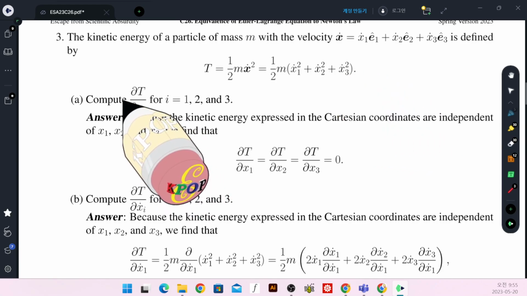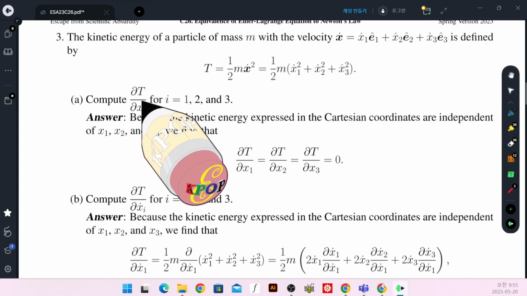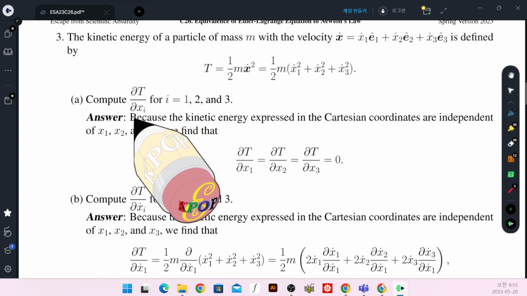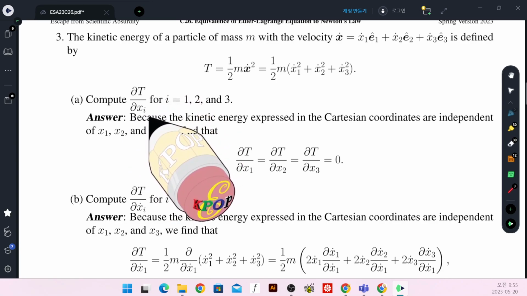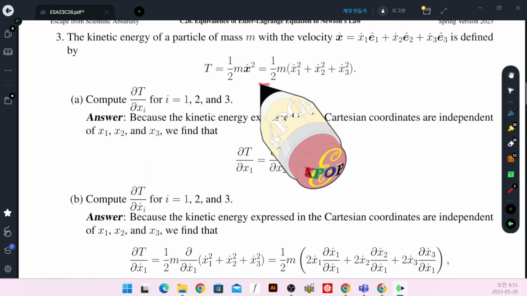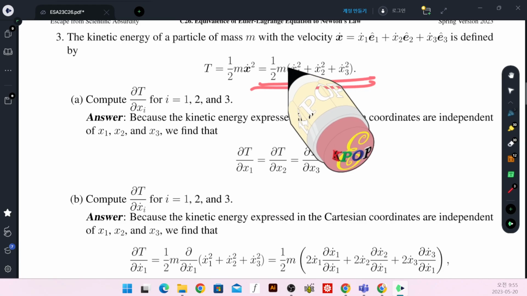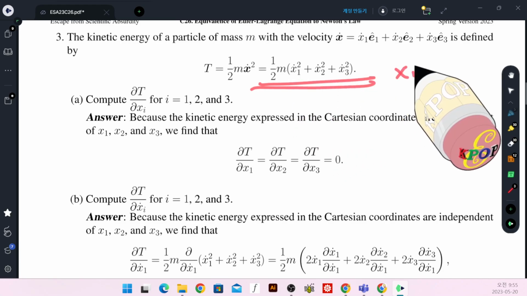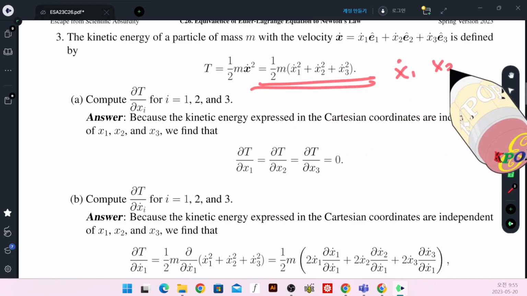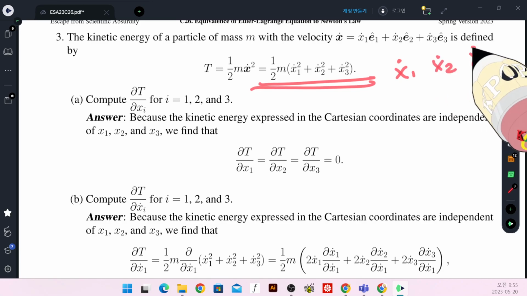Compute the partial derivative of the kinetic energy with respect to the Cartesian coordinates. We can see there is no dependence on x1, x2, and x3. The only dependence is on x1 dot, x2 dot, and x3 dot.